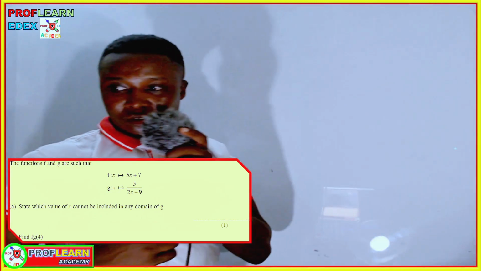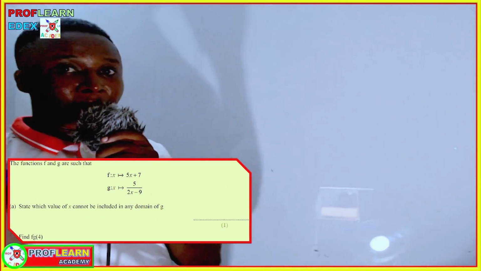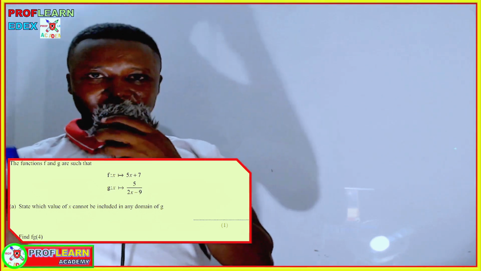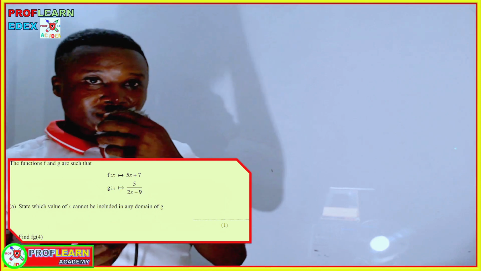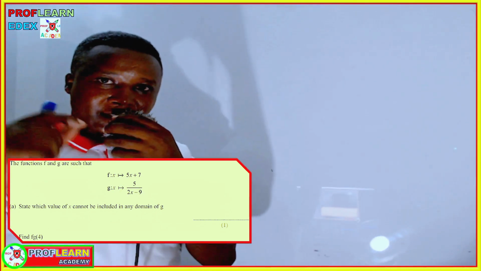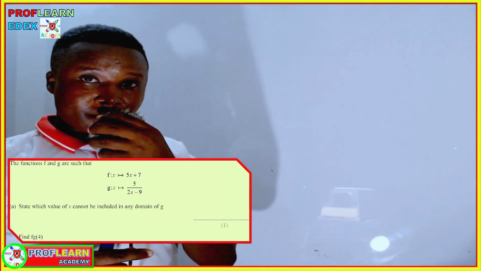If you have a situation whereby you have 0 at the denominator, that value should be excluded because the function will become undefined. But if you have a square root in a function and you are told to check which value should be excluded, it is a value that results to a negative number under the square root.